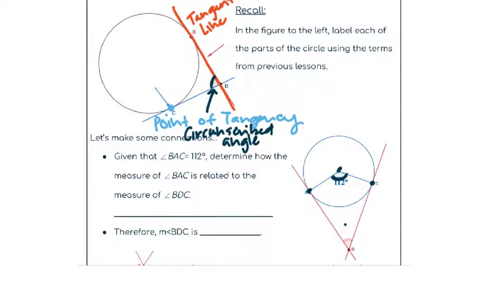So that's exactly what this first question is asking. It's saying that our central angle, BAC, is 112 degrees. So we're trying to figure out the measure of BAC and how it is related to the measure of BDC so that we can figure out what BDC is here. Well, some of you may remember that the relationship between the central angle and the circumscribed angle is that they are supplementary.